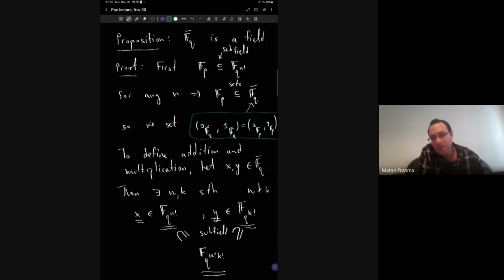Any of the finite pieces contains FP as a subfield. So it means that if you do addition of the element 1 in any of the finite pieces, it's like doing addition of the element 1 in FP. You see my point? Yeah.